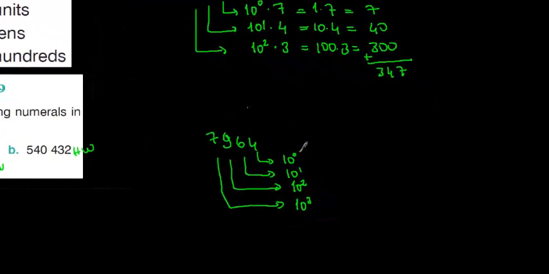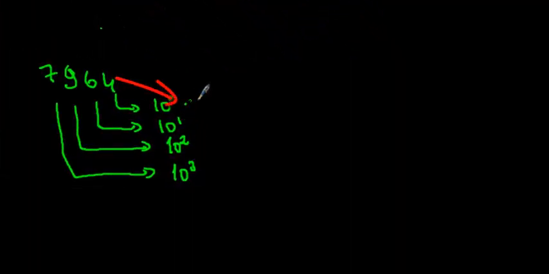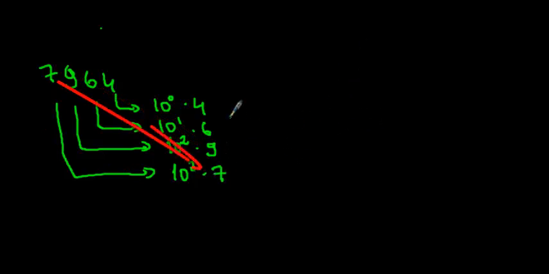The order is going like that, 0, 1, 2, 3, the powers I'm talking about. So times the digits, 4, 6, 9, 7.